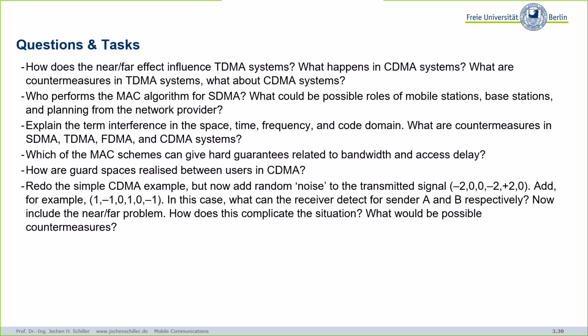For TDMA, you can guarantee bandwidth because you can guarantee certain time slots in a repeated pattern. So every 4 milliseconds you will have your 100 bits, and then you can calculate what your guaranteed data rate is. And access delay depends on the repetition pattern of your time slots.